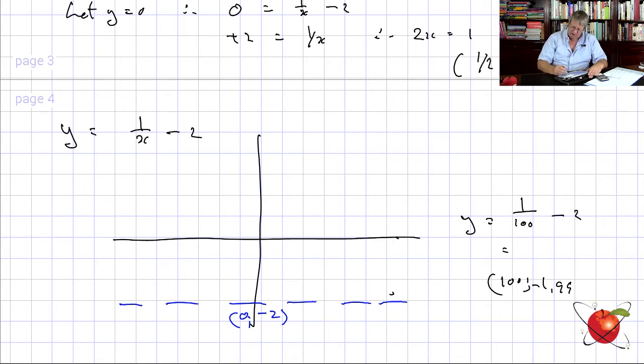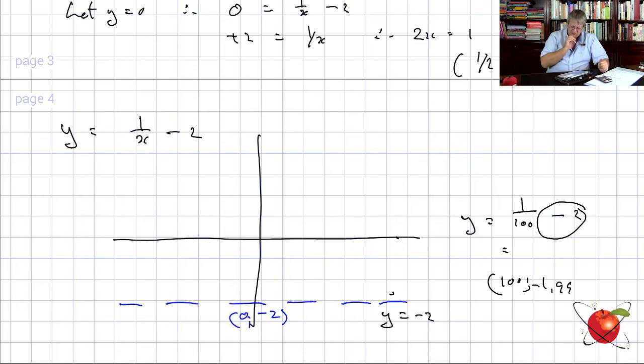If x is 1,000, it's actually getting closer to this line here, y equals minus 2. Which means that this line, the q, is actually an asymptote for a hyperbola, because x can never be equal to 0. We've worked that out already.